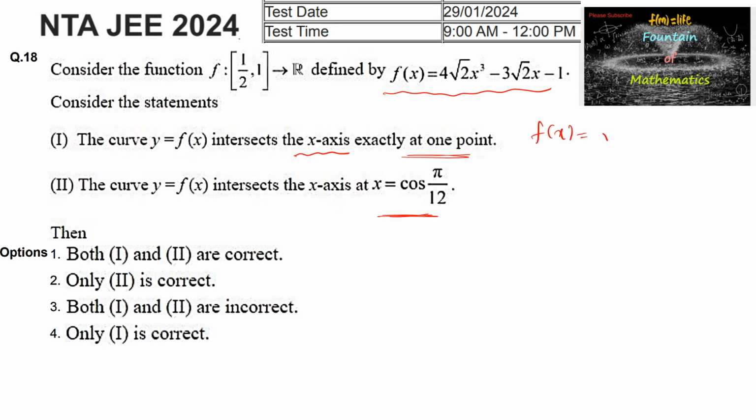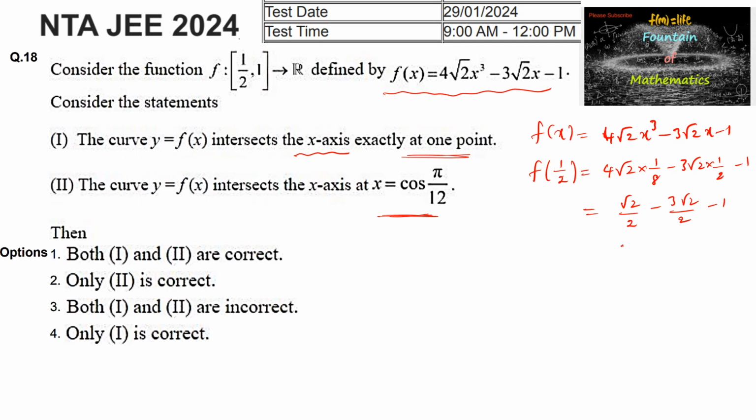Since f(x) = 4√2 x³ − 3√2 x − 1, at the boundaries, let me check f(1/2) = 4√2 × 1/8 − 3√2 × 1/2 − 1, which is √2/2 − 3√2/2 − 1, that is (√2 − 3√2)/2 − 1 = −√2 − 1, which is negative.